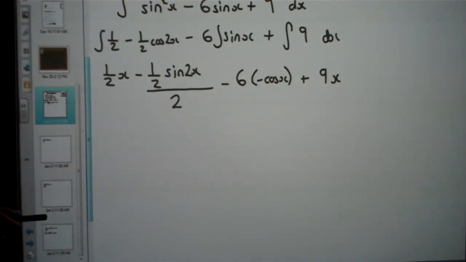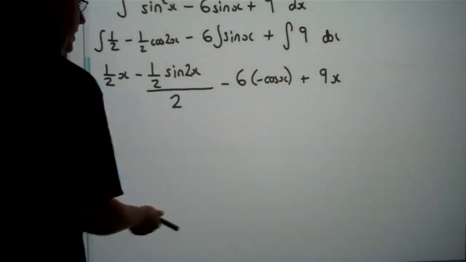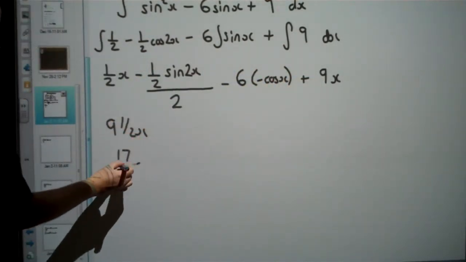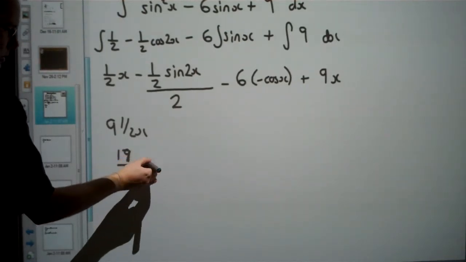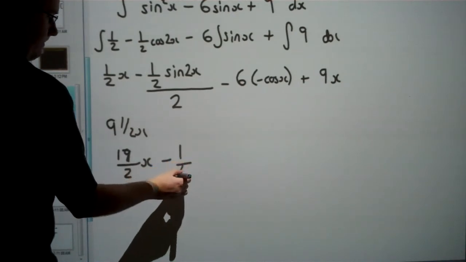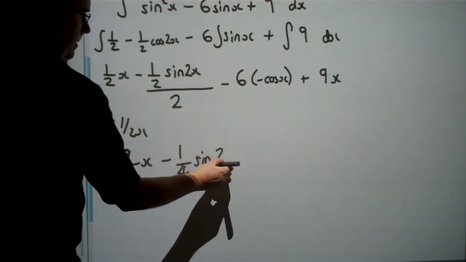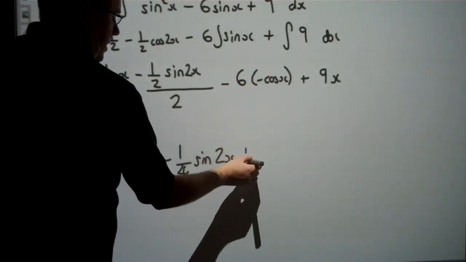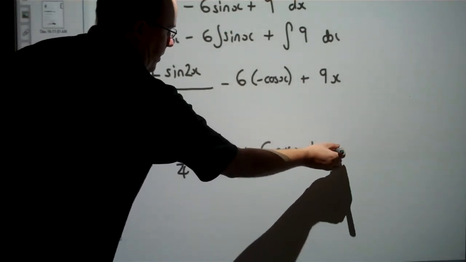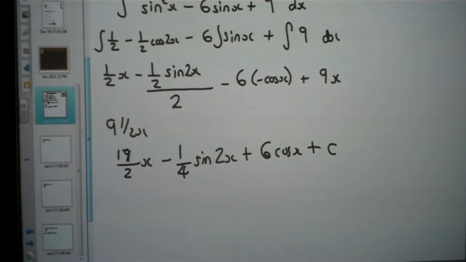So when we combine terms here, 1/2 x plus 9x is 9.5x. Or we could say 19 over 2 x. 1/2 divided by 2 is 1/4. And our two negatives here make a positive. And as we have no limits on this question, plus c.